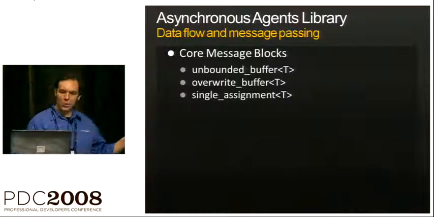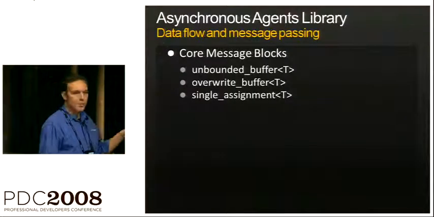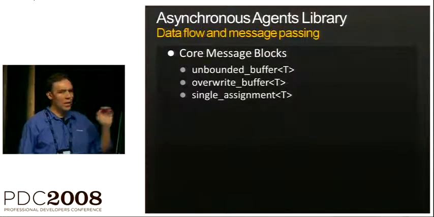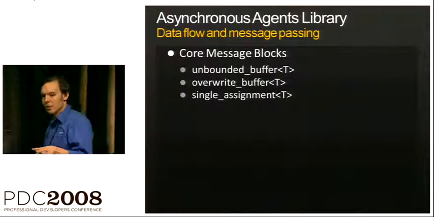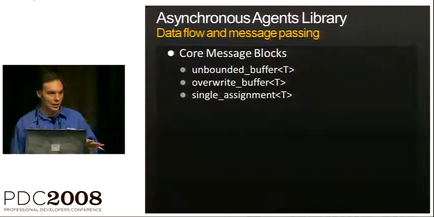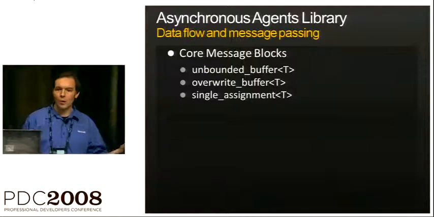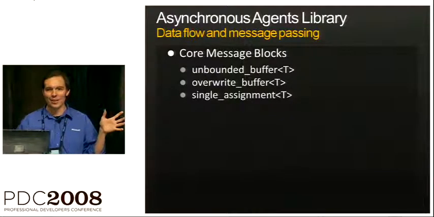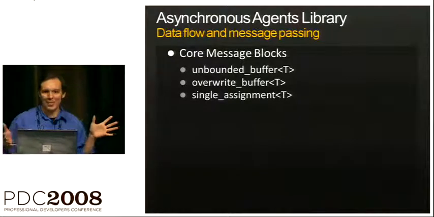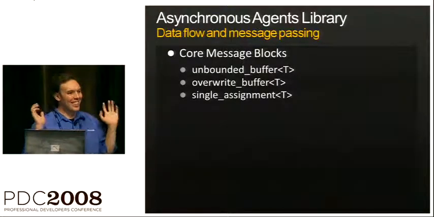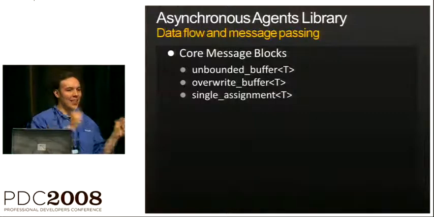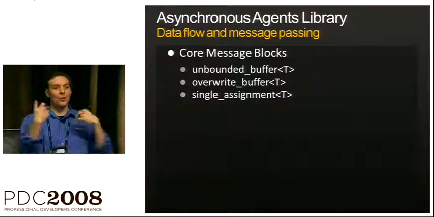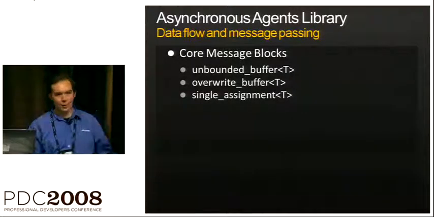So we have a set of core message blocks. In the CTP, we have an unbounded buffer and we have an overwrite buffer. Single assignment is not in the CTP. An unbounded buffer will just take as many messages as you can send to it until you run out of memory or stop sending them. And then the target that's actually attached to that will consume them and pull them out of the unbounded buffer.